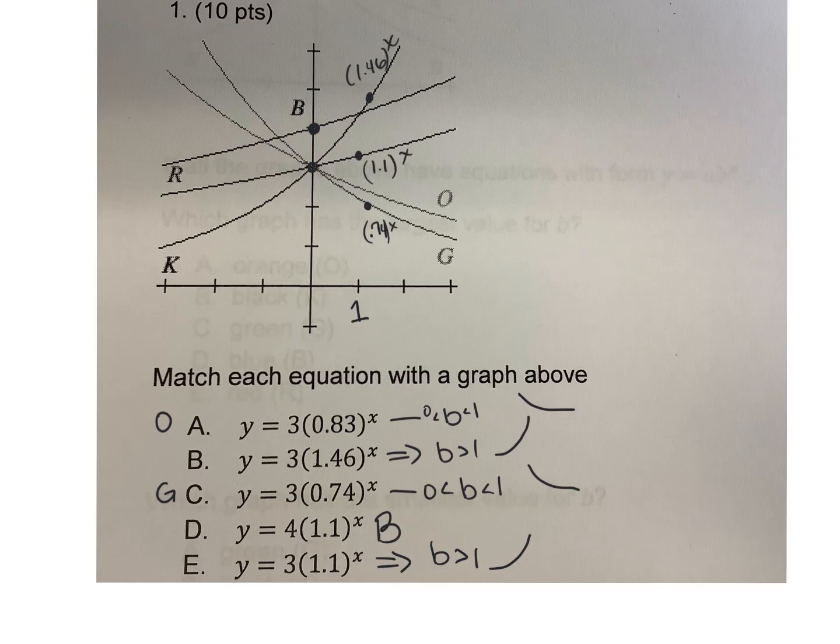And again, all of them go through 3. So this one, this one, this one, and this one all go through 3 because that is your initial value. So 1.1 would be the lower one, so that would be the R. And then that leaves K to be the one that grows most quickly.